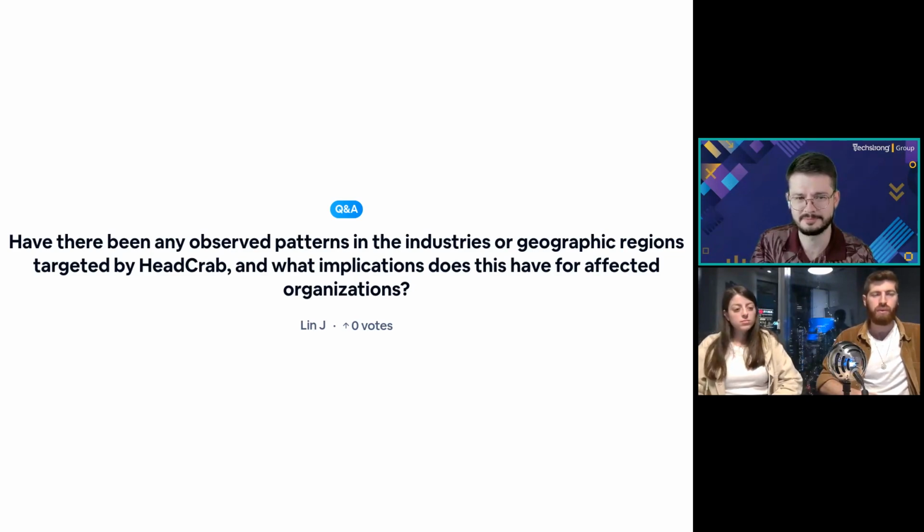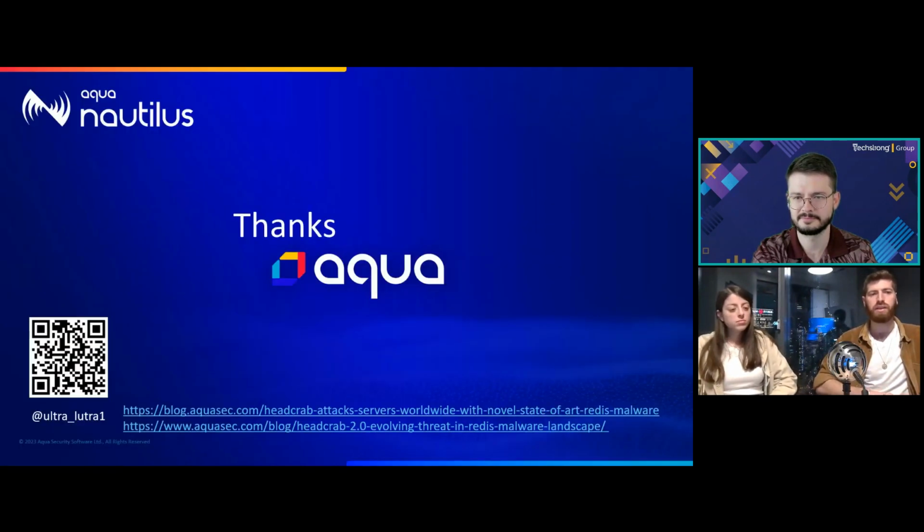Okay, so as we've seen in the first version as well as the second version, HeadCrab doesn't really care about geography or anything else. He's more focused on financial gain, so he's trying to get as much money as he can. And what implication does it have for the organization?